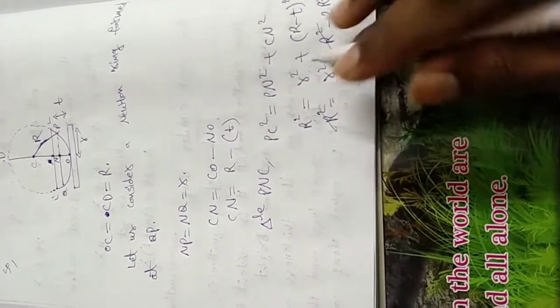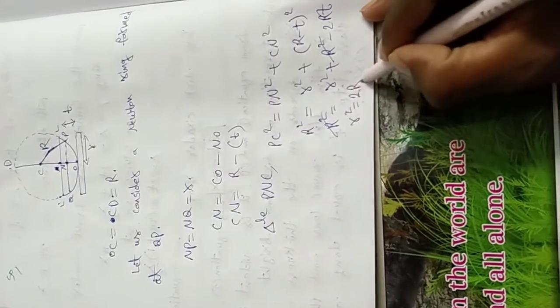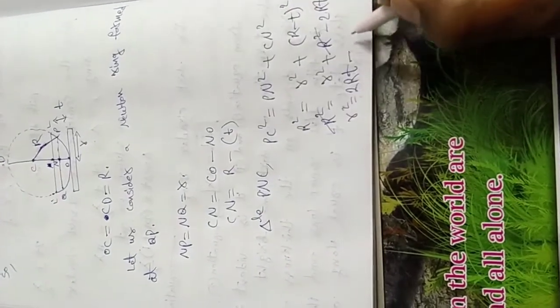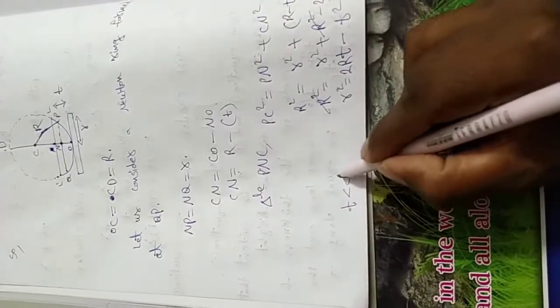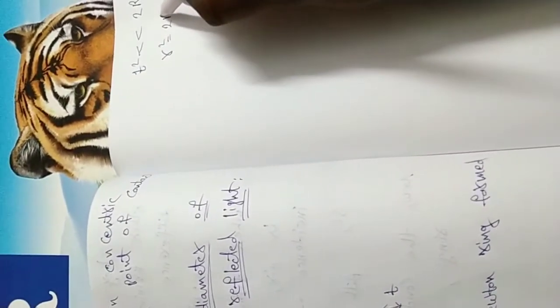R square gets cancelled, and small r square is equal to 2Rt minus t square. Since t is far less than R, t square is also far less than 2Rt. So r square is equal to 2Rt.